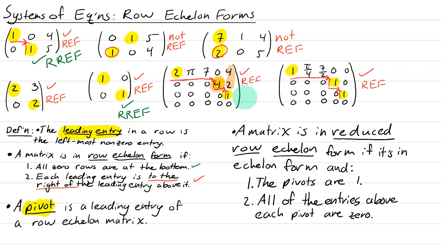So this is not RREF. This one is in reduced row echelon form because it is in row echelon form, and everything above each of these pivots is a 0, and the pivots themselves are a 1. So next, let's look at an exercise for you to try.